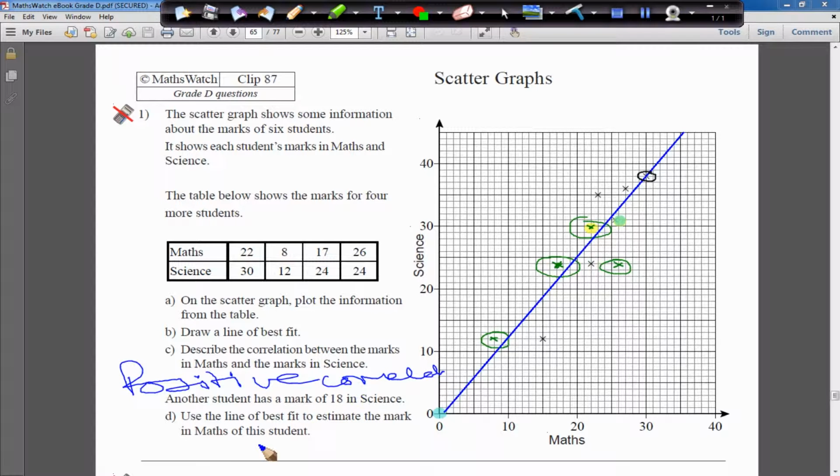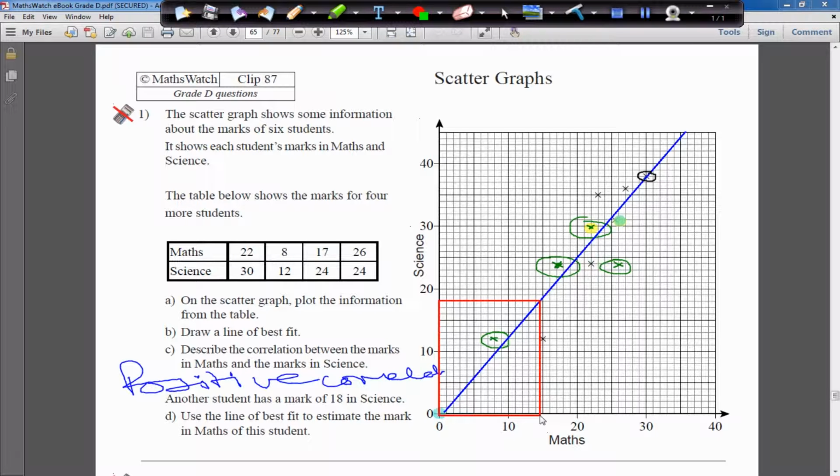Okay. Use the line of best fit to estimate the mark in maths for the student who got 18 in science. Hang on a second, folks. Where's 18 in science? Here. So we need to go to the graph and come straight down.